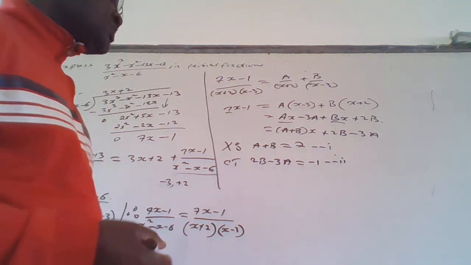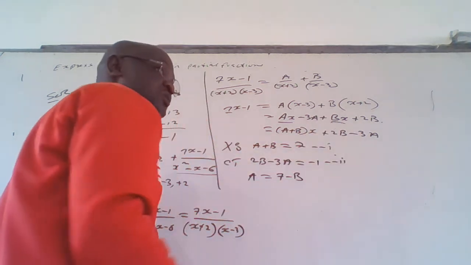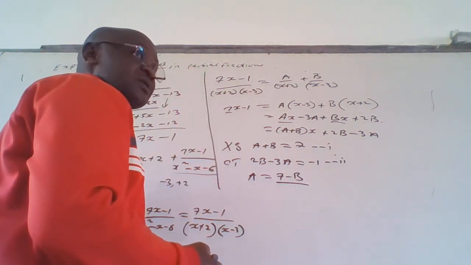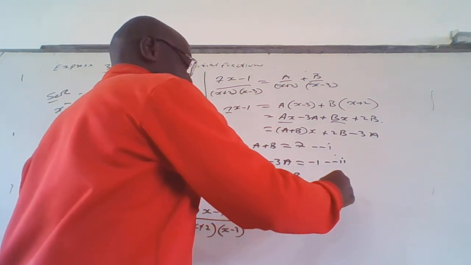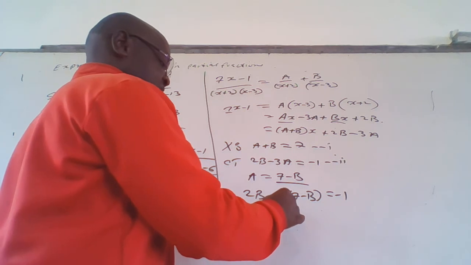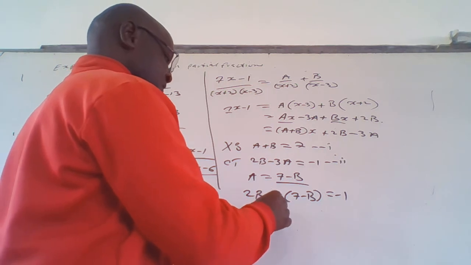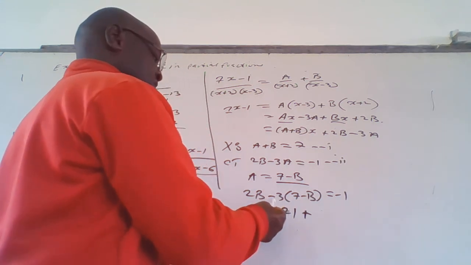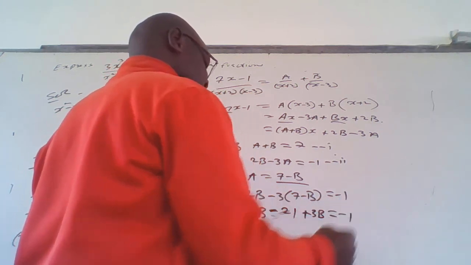You can make A the subject in the first equation: A equals 7 minus B. Wherever there is A in the second equation, we replace it by 7 minus B. So we have 2B minus 3 times (7 minus B) equals negative 1. We have 2B minus 21 plus 3B equals negative 1.